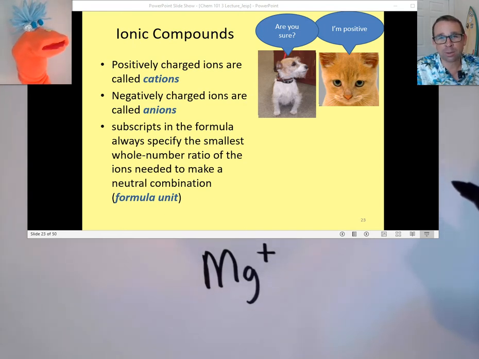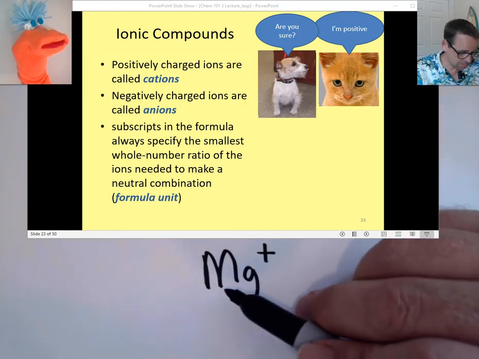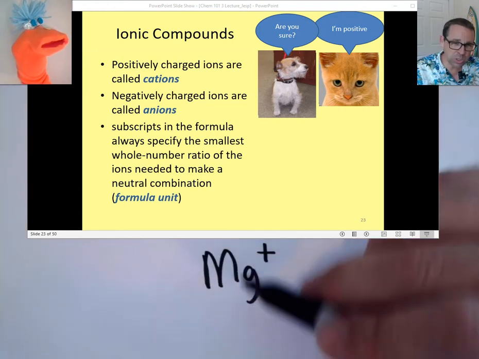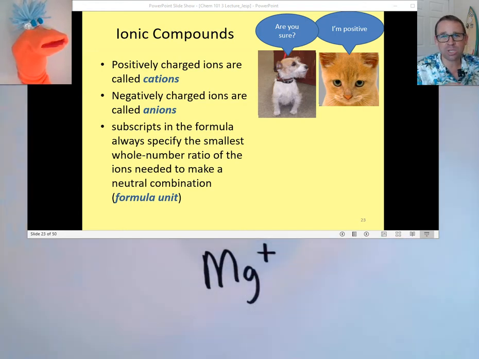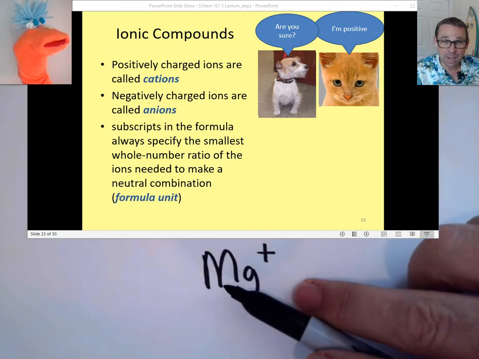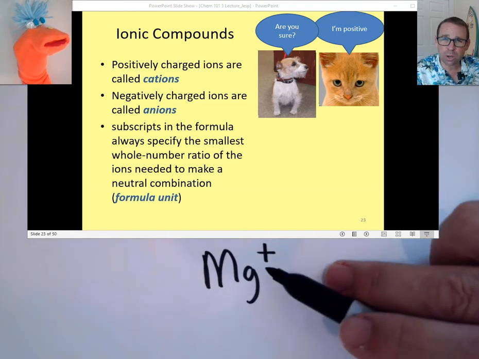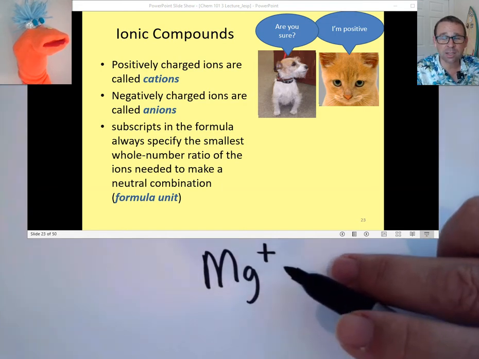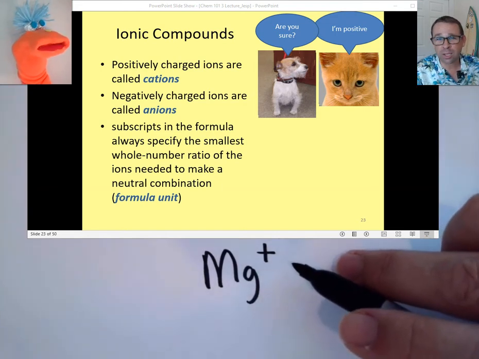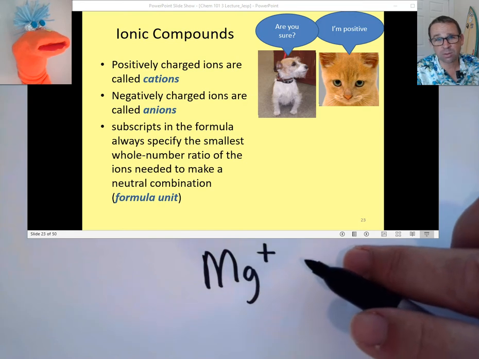We can't say we added a proton because we don't add and remove protons from atoms. In fact, when we indicate that it's Mg, that tells us that it only has those 12 protons. So it's magnesium still, but if it has a positive charge, then what that really is indicating is that we have one fewer electron, and we've lost an electron.